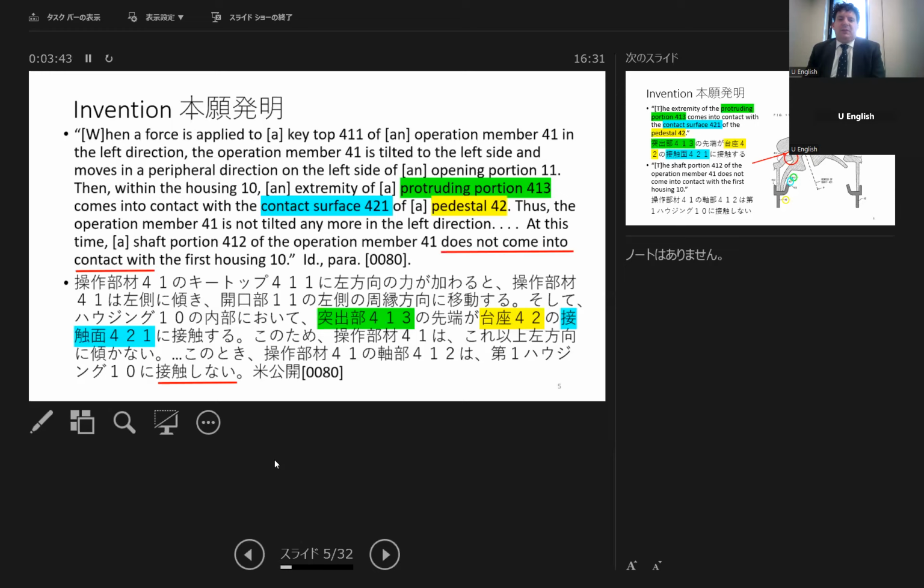Then within the housing, an extremity of a protruding portion comes into contact with the contact surface of a pedestal. This will be color-coded. And thus the operation member is not tilted anymore in the left direction. And so at this time, a shaft portion of the operation member does not come into contact with the first housing. That's the solution to this problem.